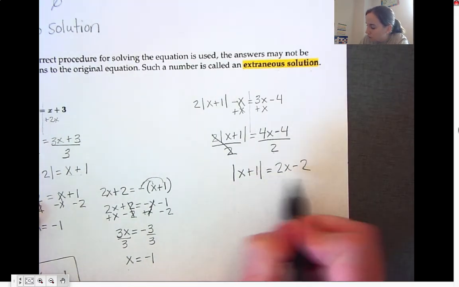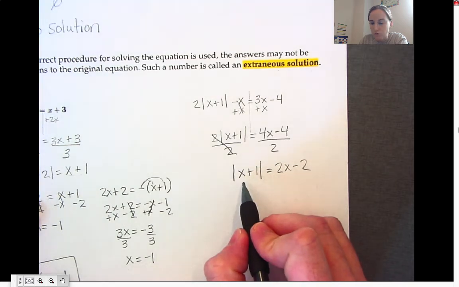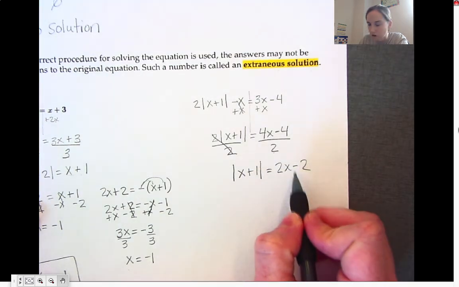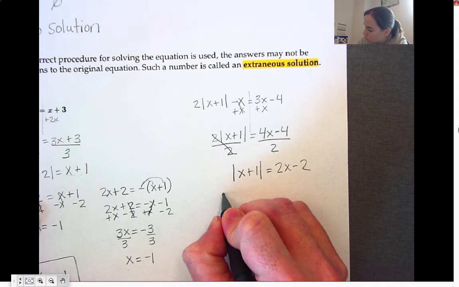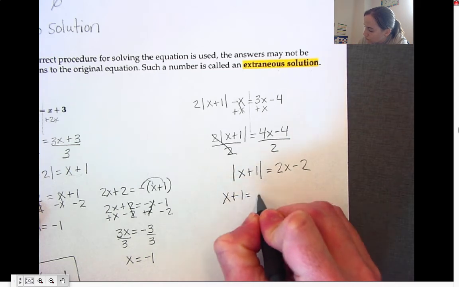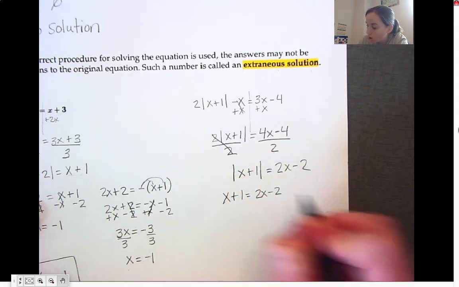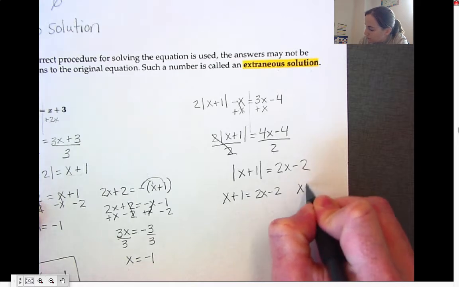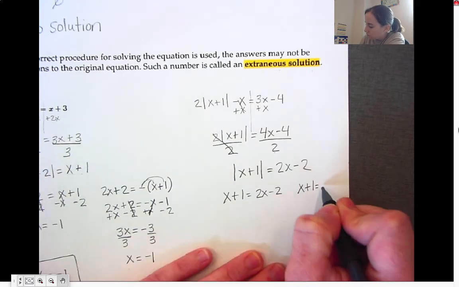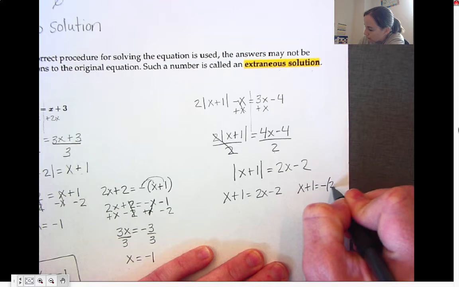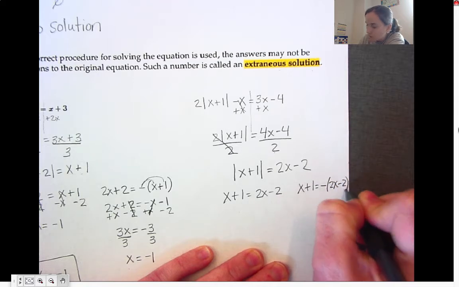Now we set up our equations. Remember, the absolute value is equal to both the negative and positive version of whatever's on the side. So x plus 1 will equal 2x minus 2, or x plus 1 is equal to the negative version of 2x minus 2.